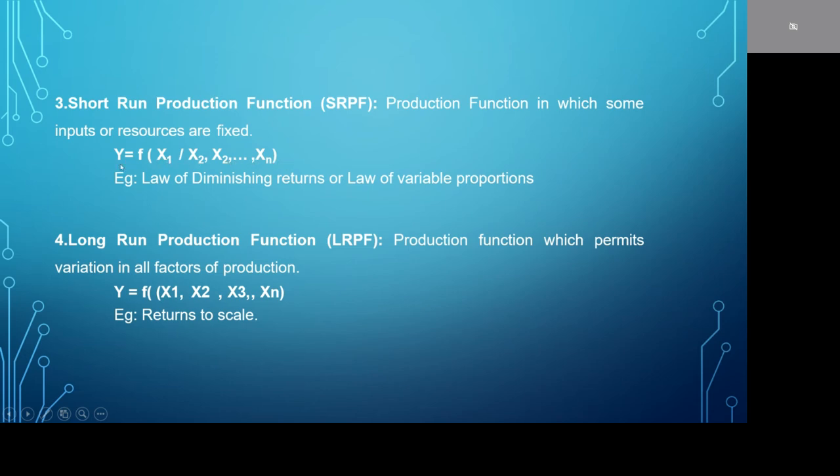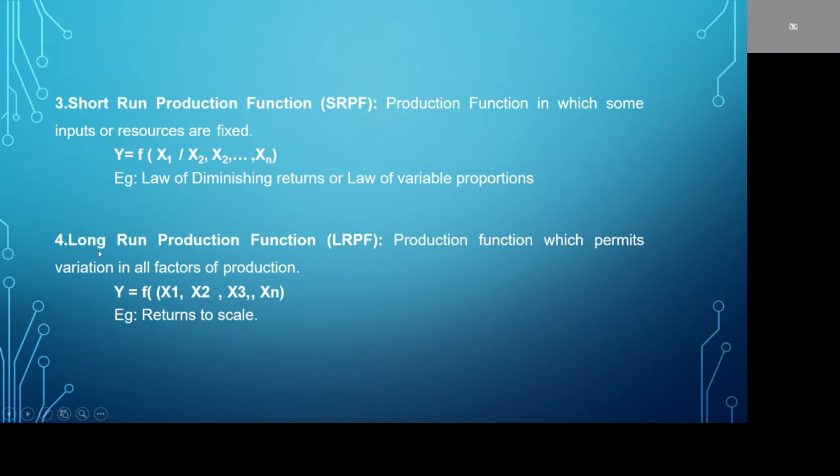Y equal to f of x1 bar, x2 to xn. Example is law of diminishing returns, which is also called law of variable proportions.